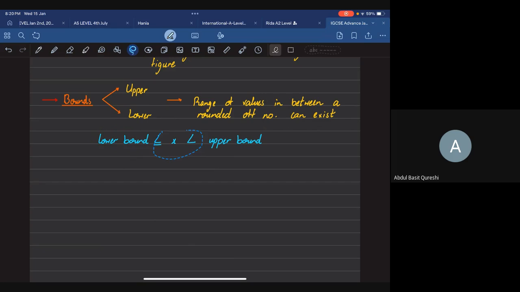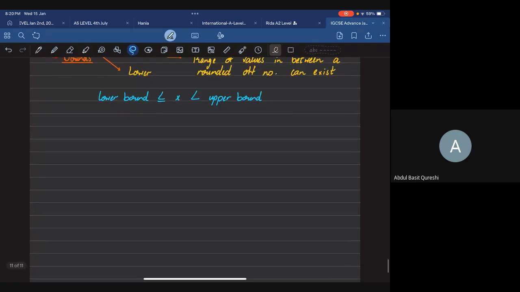Now we need to understand how to differentiate between your lower bound and upper bound, and how to actually get to the number. First off, let's look at a question. For example, you can say 35700, to the nearest hundred.